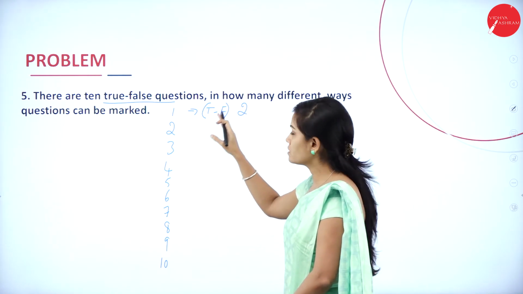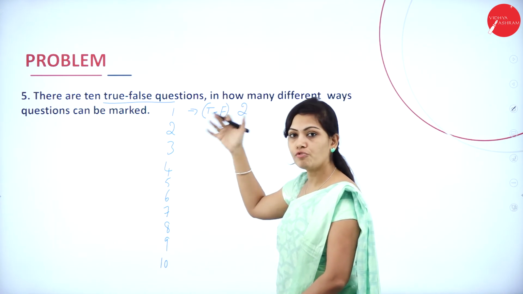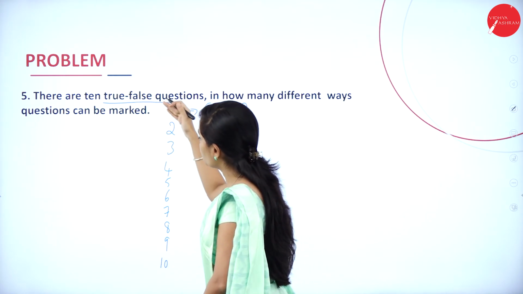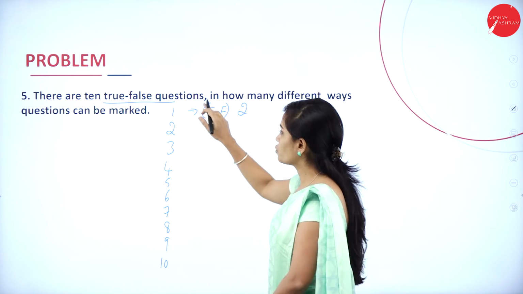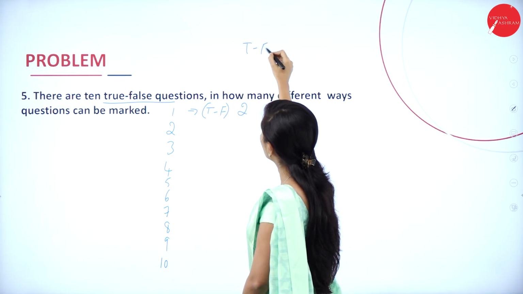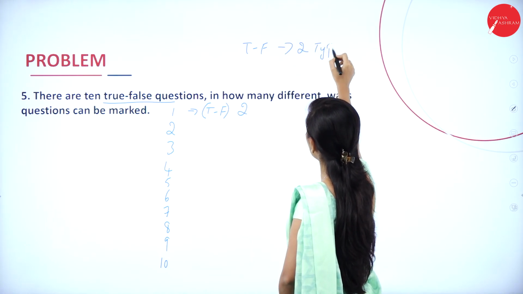So totally we have 2 types of questions, that is true or false, and 10 true-false questions are there.